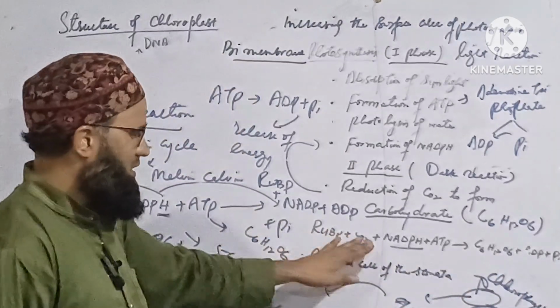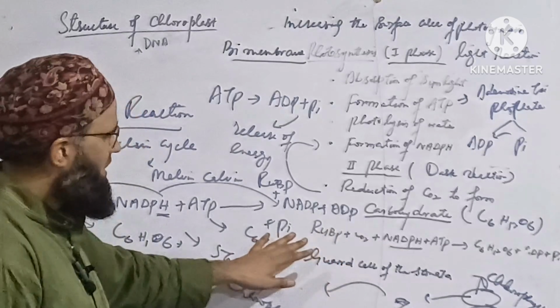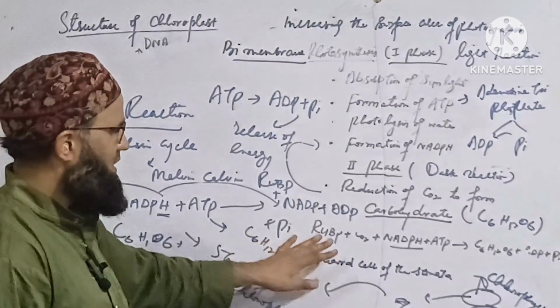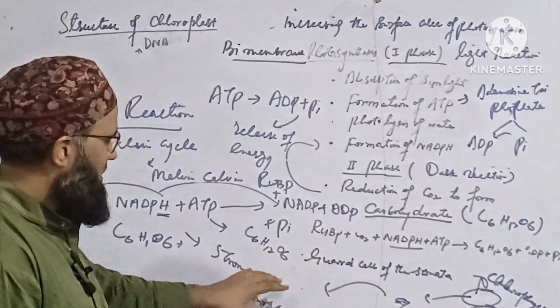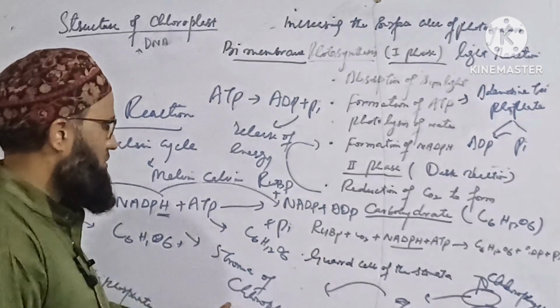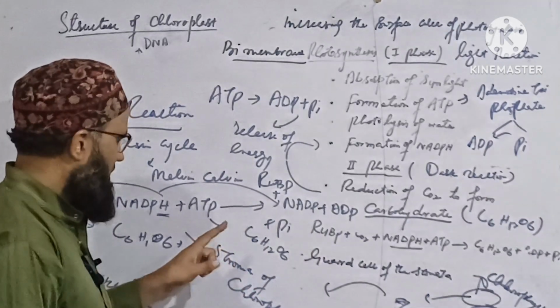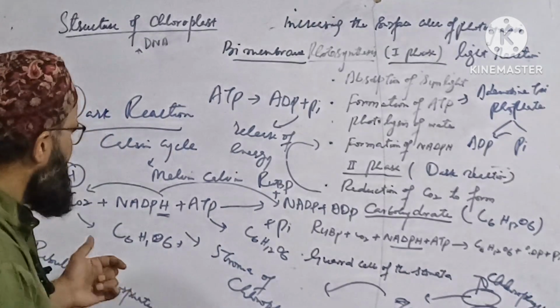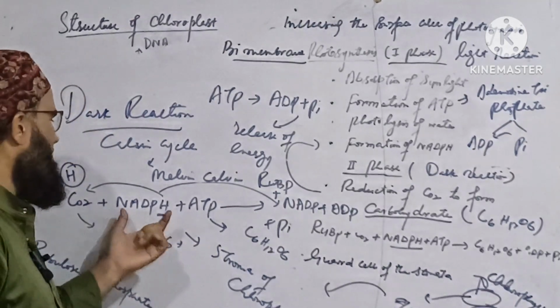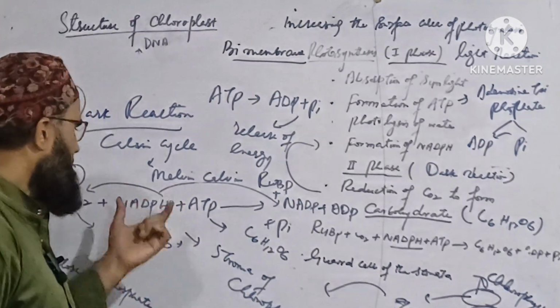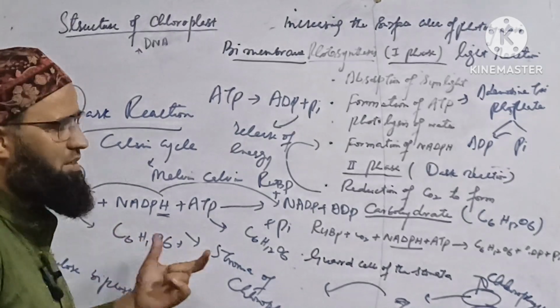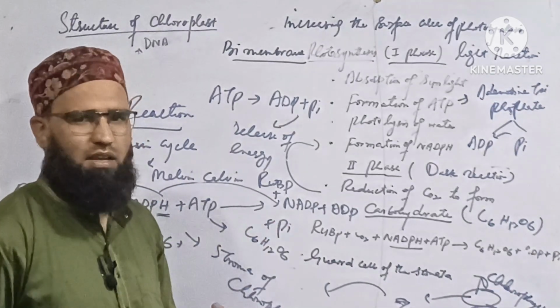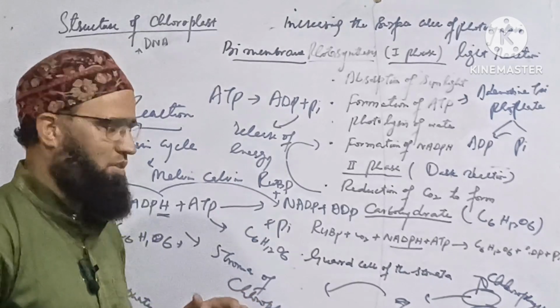This chemical reaction, the dark reaction, takes place in the stroma of the chloroplast, only in the presence of these two assimilatory powers, NADPH plus ATP, which are very helpful in carrying out the second phase of the photosynthesis.